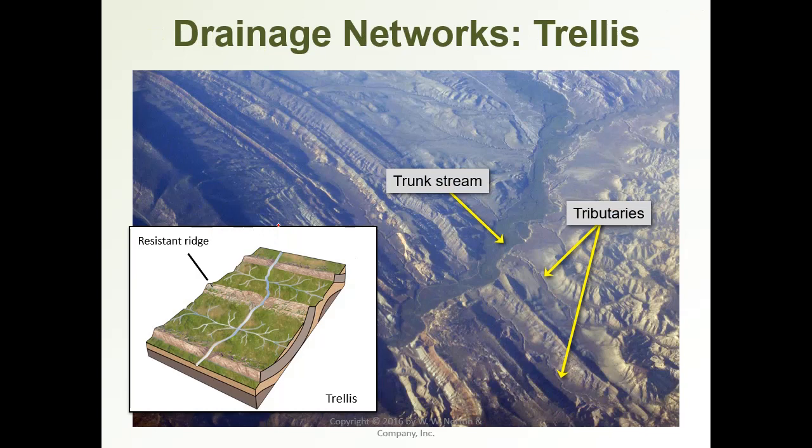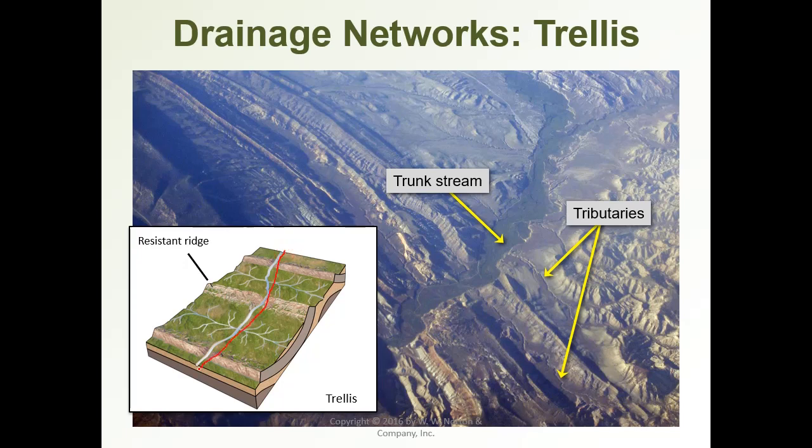We can have a trellis network. So the trellis happens when we have an area where we have alternating resistant and weak rocks, and there's been deformation. So we have weak areas surrounded by resistant layers. And so we will end up having a main trunk stream that will flow across the entire area.